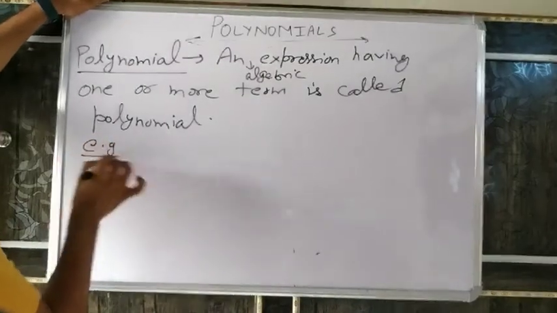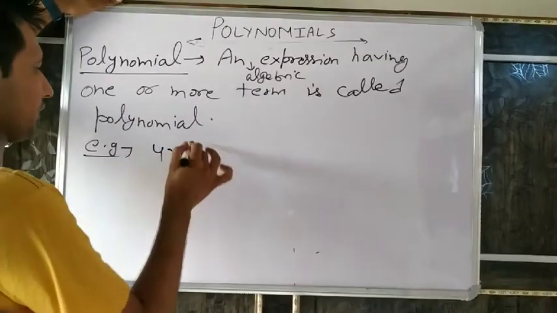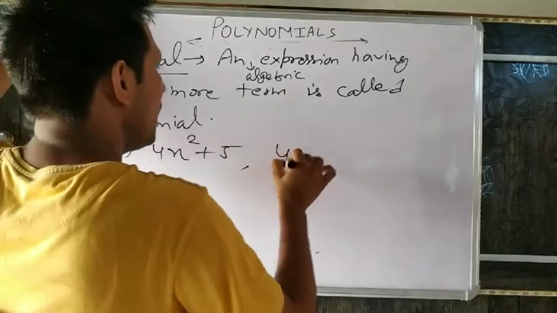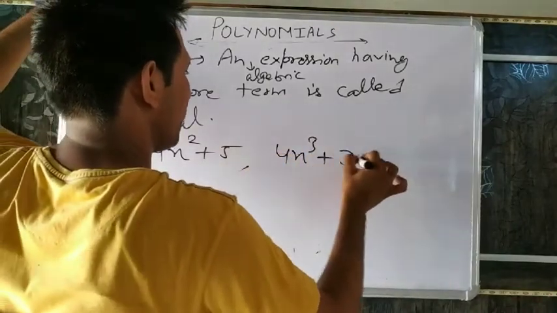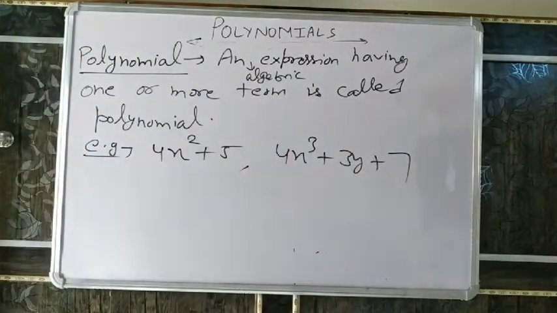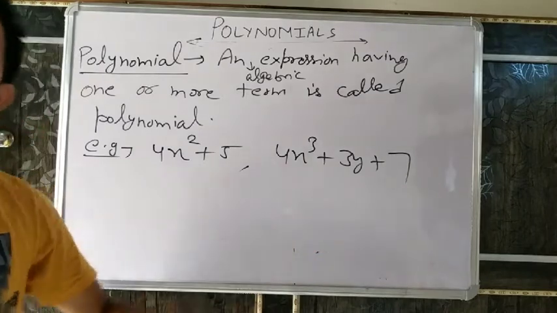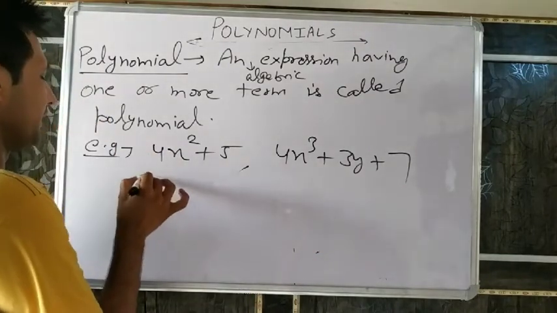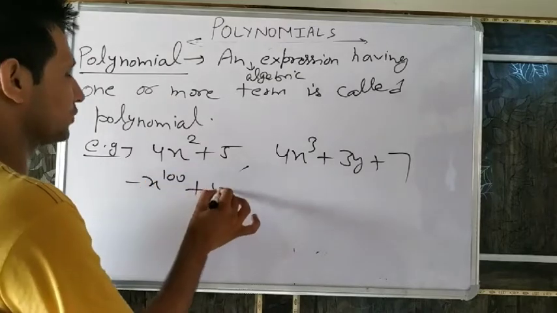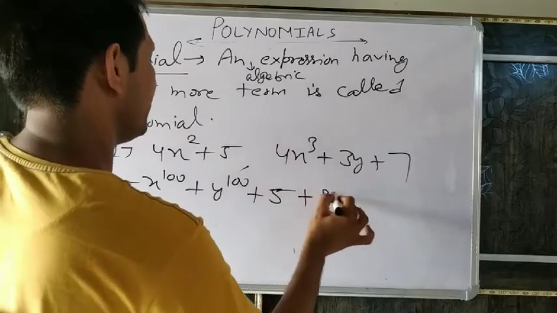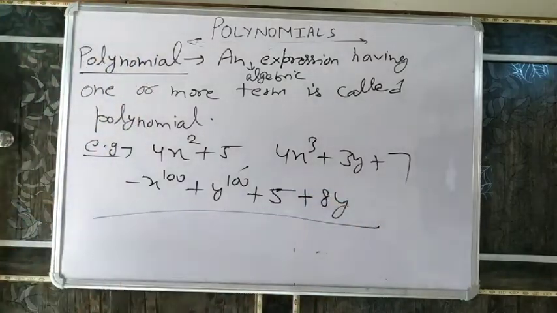Example, 4x square plus 5, it is a polynomial. 4x cube plus 3y plus 7, it is also a polynomial. Any one or more terms. Minus x to the power 100 plus y to the power 100 plus 5 plus 8y, it is also a polynomial.